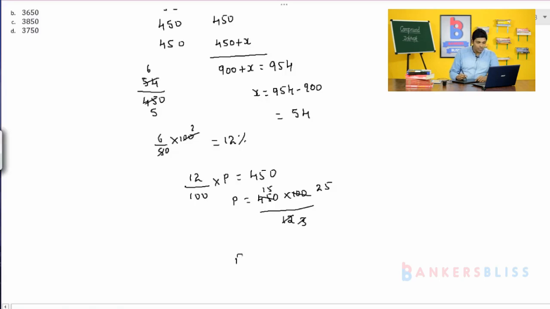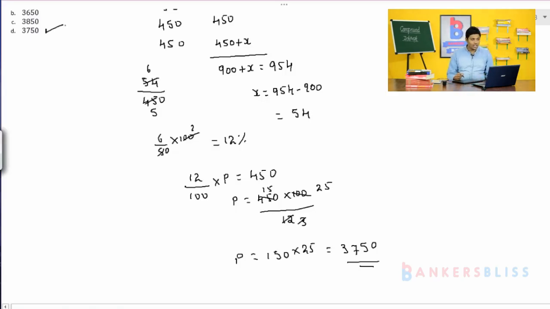So the principal amount is equal to 150 into 25. So altogether, 25 0s are 0, 25 5s are 125, 12 carry over, 25 1s are 25 plus 12, 37. So 3750, option D is the right answer.